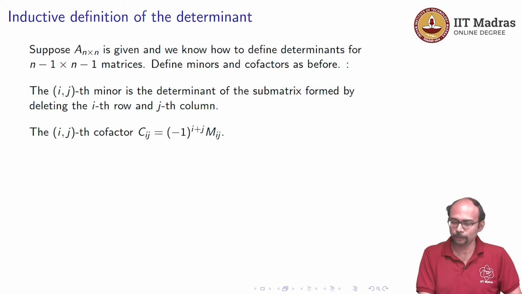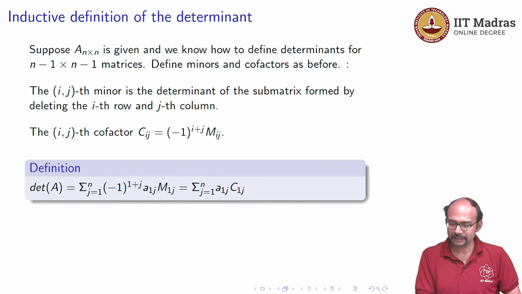And again we are going to do something similar to what we did earlier. If you do not want to bother about signs, you define the ijth cofactor as minus 1 to the power i plus j times the ijth minor, and then we define the determinant of A, again by expansion along the first row, as the sum of minus 1 to the power 1 plus j a 1j times m 1j.